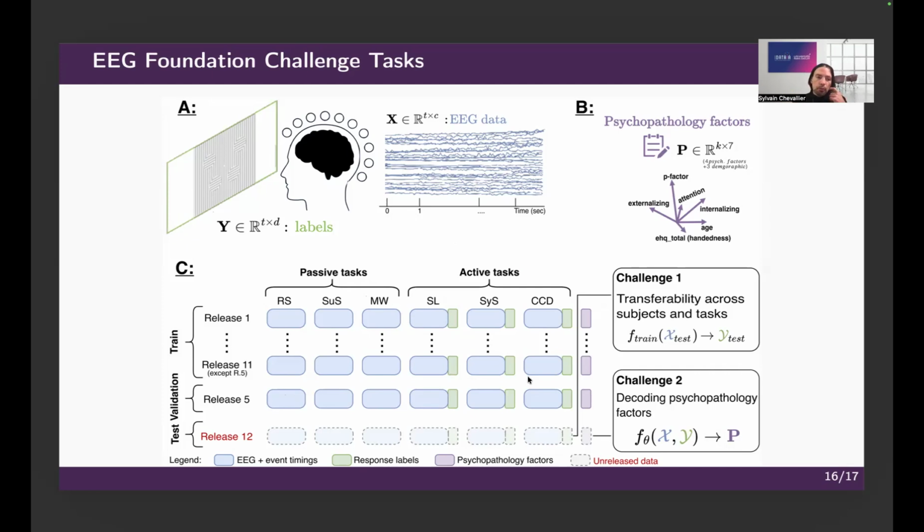What we have done to ensure a correct level of trust with all the participants was to first start with a first phase of evaluation where we used release number 5 as a target release. All the assessment and all the methods were evaluated on this release that was already available. It was very fundamental for our challenge because it ensured that participants could use their own algorithm, try them at home or on their cluster, and see the result on release 5.